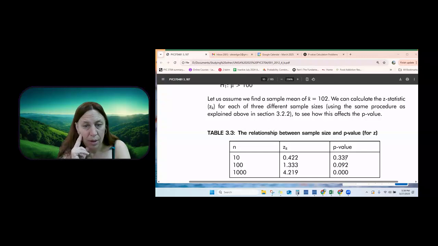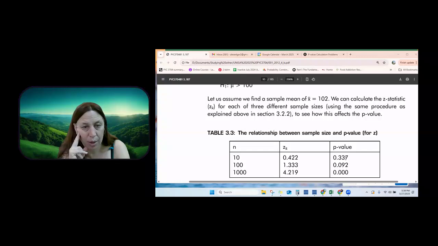With a sample of 100, for a small difference such as x bar is 102, that gives us a higher Z score of 1.33 and a p-value of 0.092, which is nearly double the alpha value, which is 0.05, right?